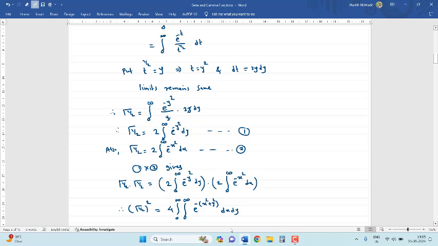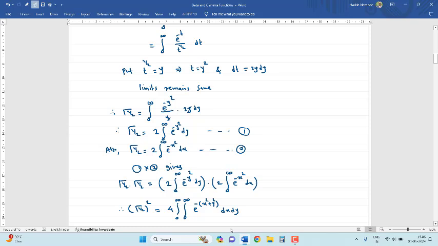So this y gets cancelled. So therefore gamma 1 half is equal to 2 times integration from 0 to infinity e raised to minus y square dy. Also we replace the variable y by x, so that we get gamma 1 half is equal to 2 times integration from 0 to infinity e raised to minus x square dx.